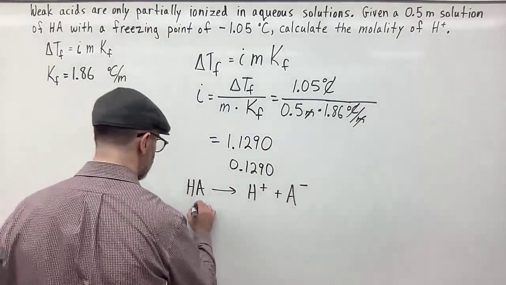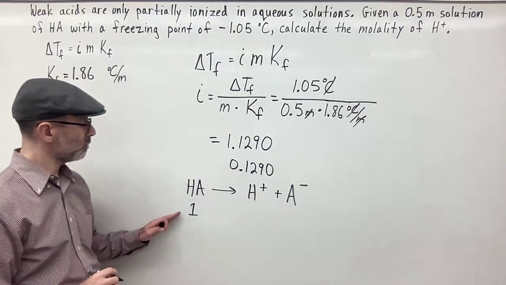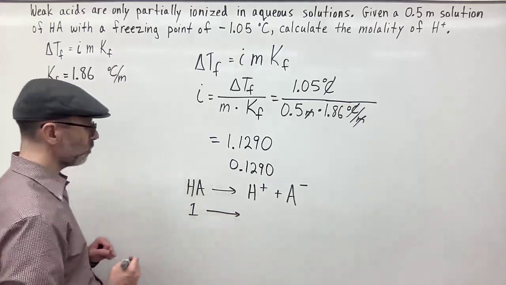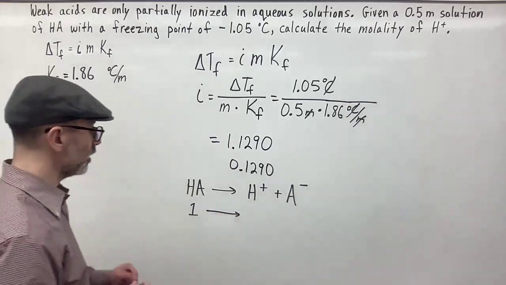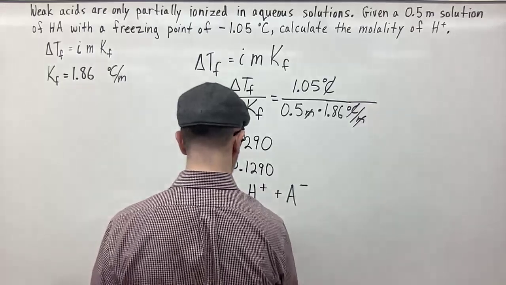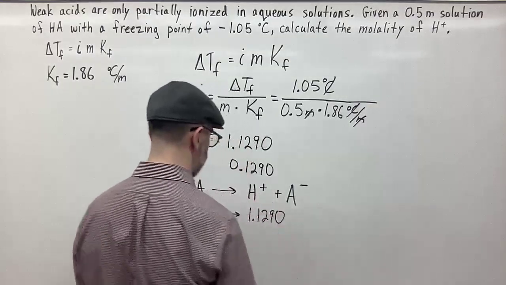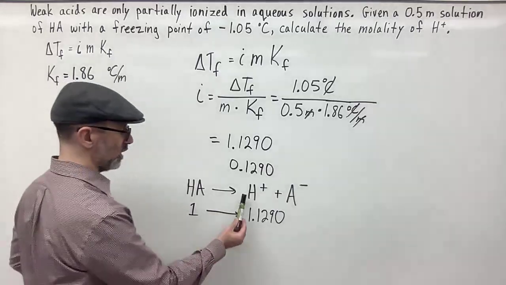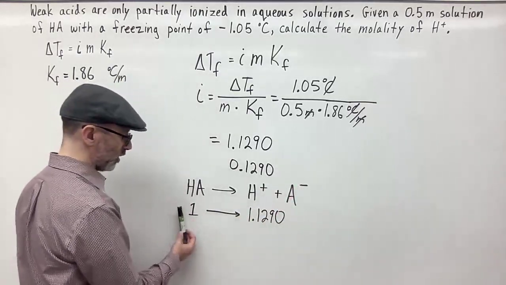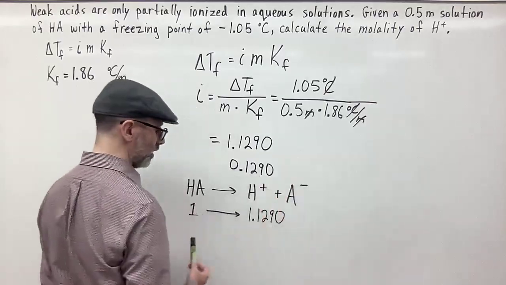So if we take one of these, that means that one of these is going to break apart into 1.1290 of these two added together. So one of these is going to give rise to 1.1290 of these.